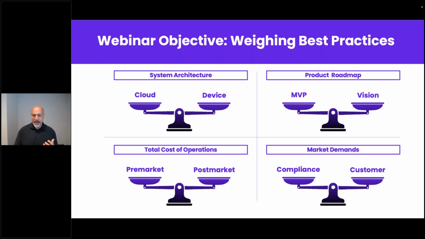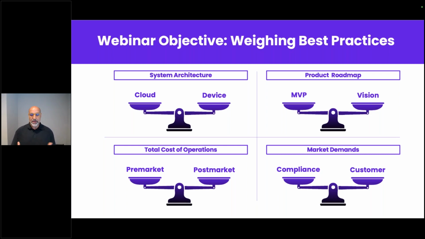We'll look at how you consider aspects of your product roadmap when weighing MVP decisions or long-term strategies. There are also the very critical things around the economics of your device, system, and company: how do you look at that from a pre-market perspective, but also with the ever more critical aspects of post-market?